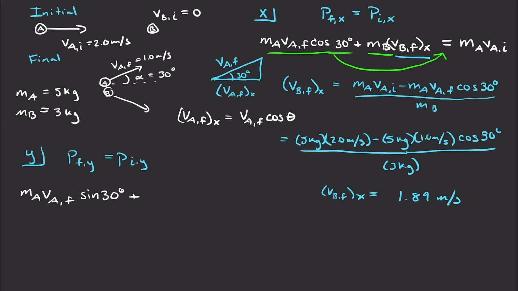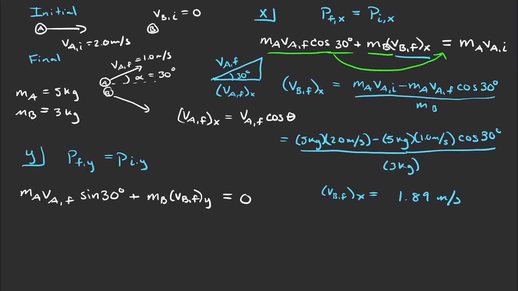And then I could put in a minus sign here, but I'm going to leave it. So imagine we don't know what direction the y component of velocity or momentum of object B is. We'll just put mB times VBFY. And if it's going down, it's going to come out negative. If it's going up, it's going to come out positive. Okay, so this equals 0 because initially A is only moving in x, B is not moving at all.